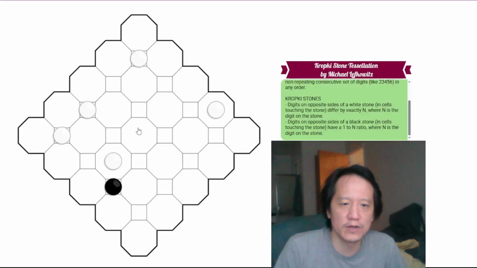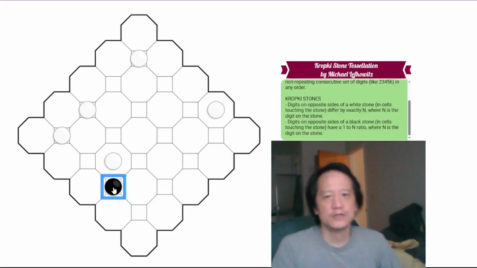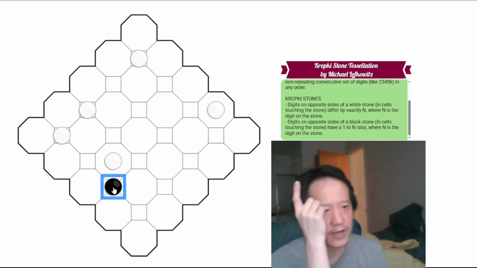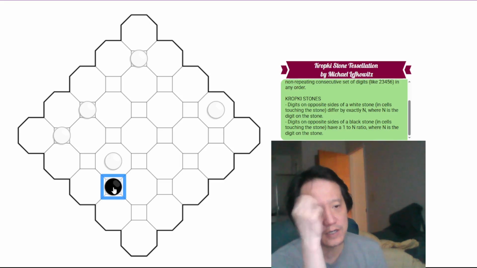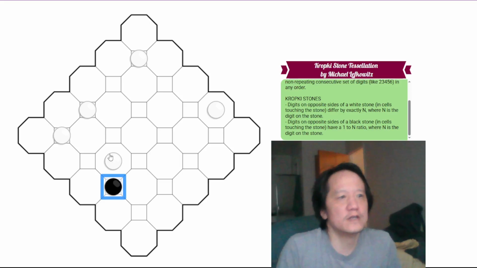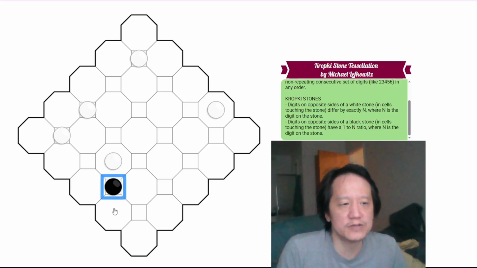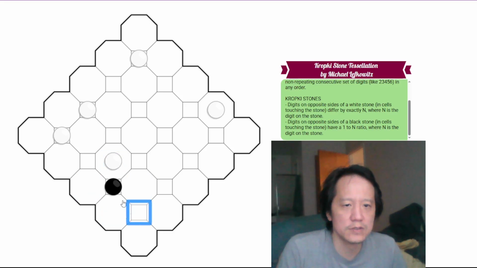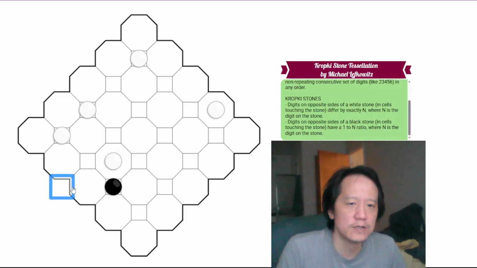Let's go. Okay, so we've done Kropki stones before, and one thing we found out was if there's a black Kropki stone between two pairs of digits, the digits have to contain some overlap, right?